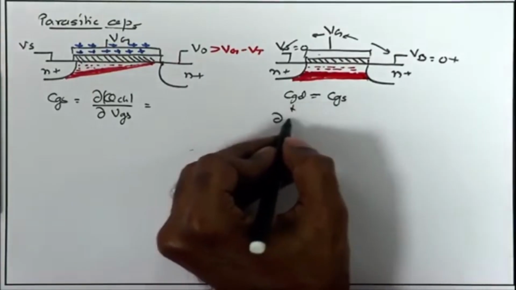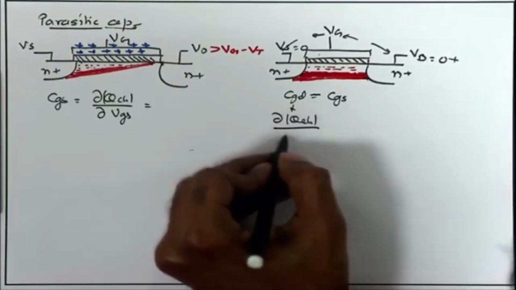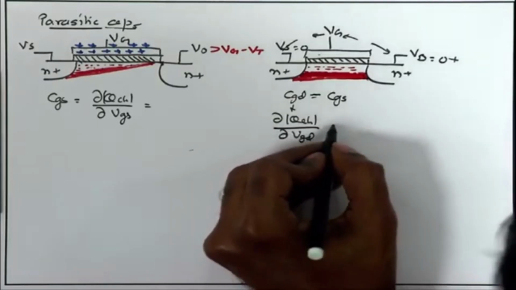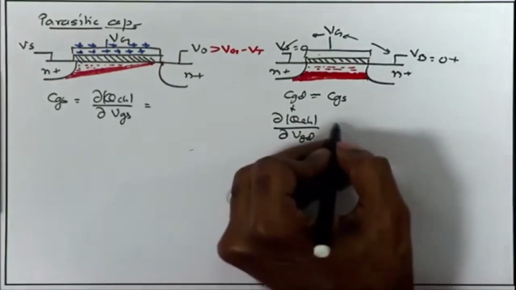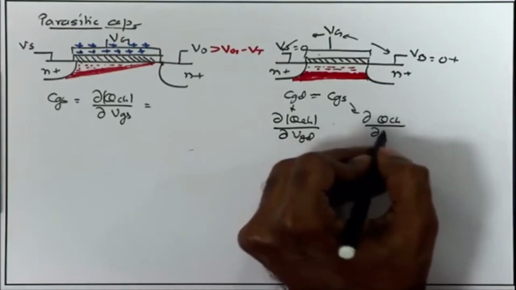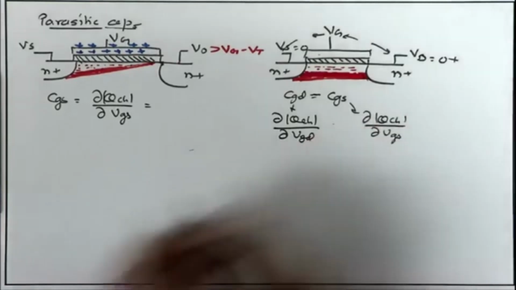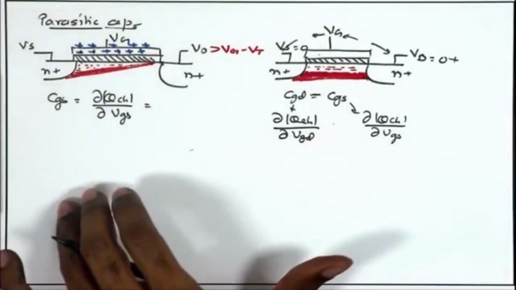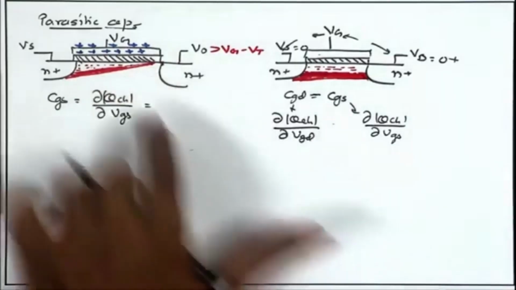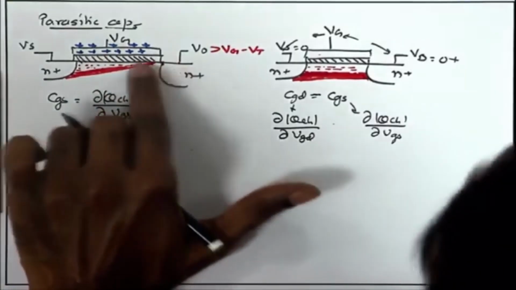This can be denoted as del Q_CH by del V_GD, and on the other side C_GS can be represented as del Q_channel by del V_GS. But in the saturation region operation, the channel has been pinched off on the drain side.